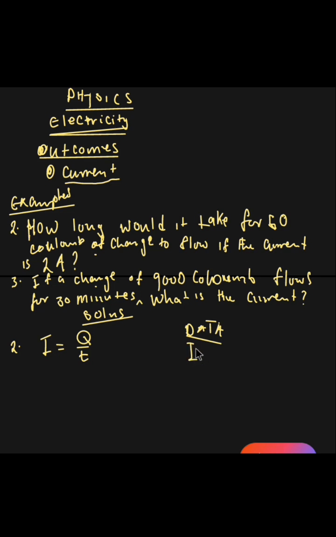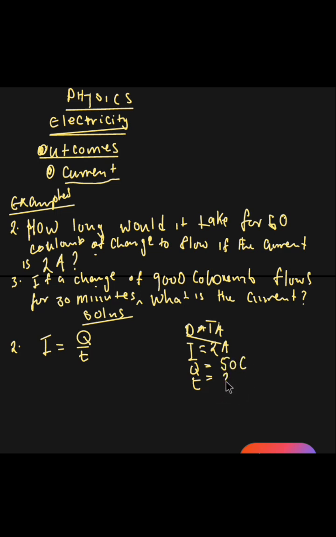So do we have current? Do we have the charge? Do we have the time taken? From what we have, yes, we are given the current, which is 2 amps. What about the charge? Yes, we are told the charge is 50 coulomb.